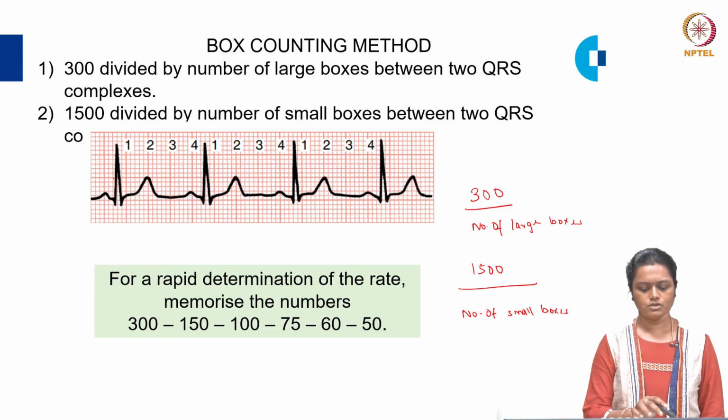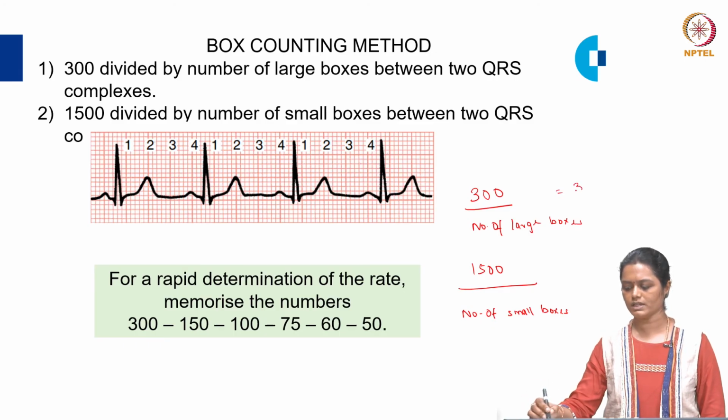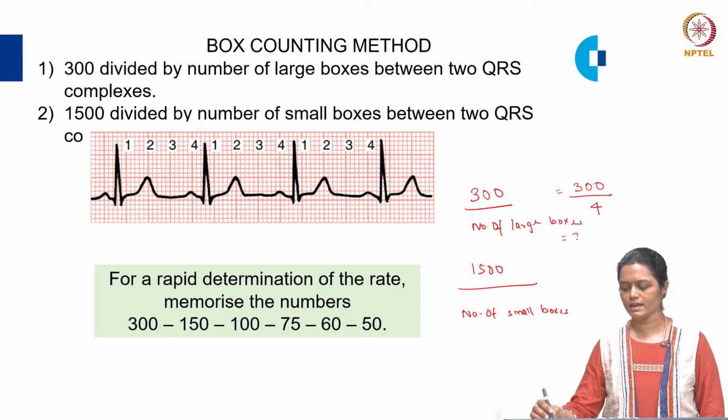You can look at this diagram. You have two consecutive QRS complexes, and you have to count the large squares. The number of large squares is 4: 1, 2, 3, 4. Substituting in the formula, it will be 300 divided by 4, which is equal to 75 per minute.